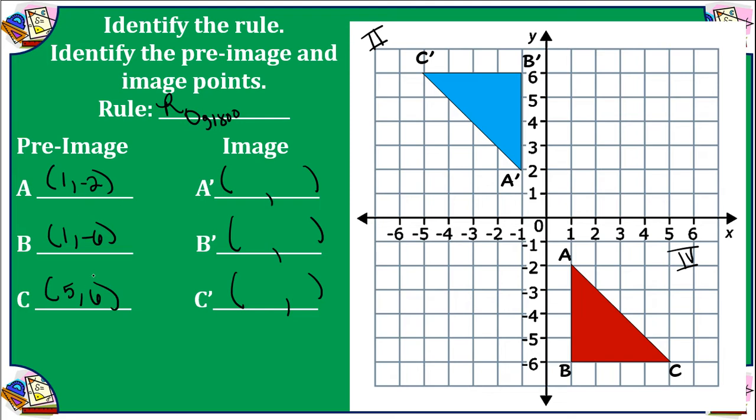The values just change to the opposite. We need a negative here on that one. So all these x values are going to become negative. They're negated. And then we negate these negatives and they become positive. And to be in quadrant 2, we do need negative, positives. So we can check it out: (-1, 2), (-1, 6), and (-5, 6).